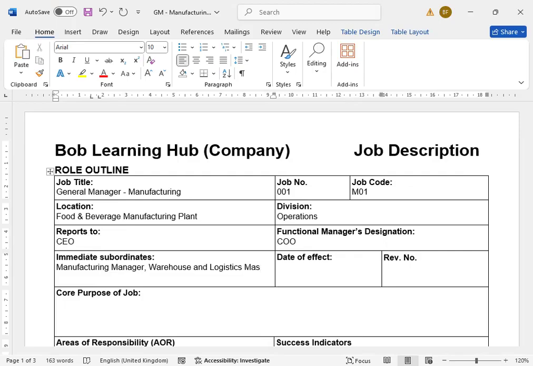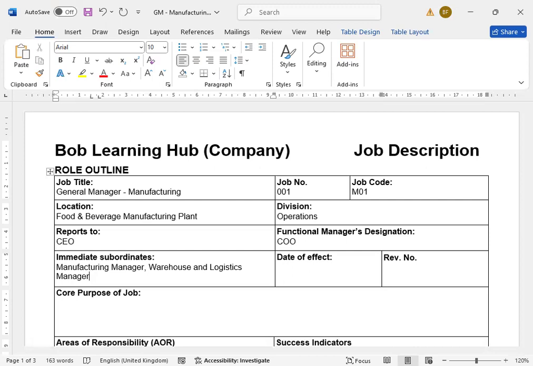Okay. So if you belong to the HR or training department, you need to understand how a job description is going to be written. You do not expect the CEO or even the COO to write a job description for the general manager, or the general manager manufacturing himself to write this job description.